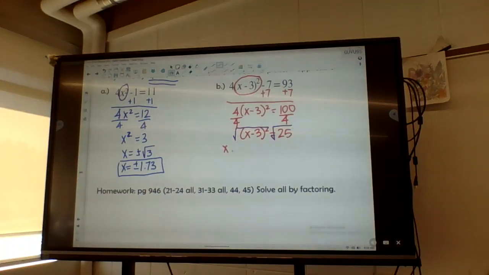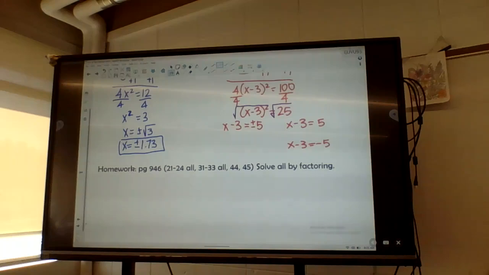And the left side will just be left with x minus 3. The right side, we're going to take the square root of 25, which will be plus or minus 5. So just like we did with the quadratic formula, we're going to set up 2 equations. We're going to say x minus 3 could equal 5, and x minus 3 could also equal a negative 5. And we're going to find each of those solutions. So we're going to find out x is 8 is one of our solutions, and also negative 2.